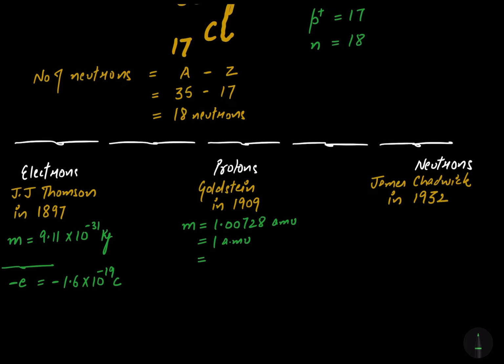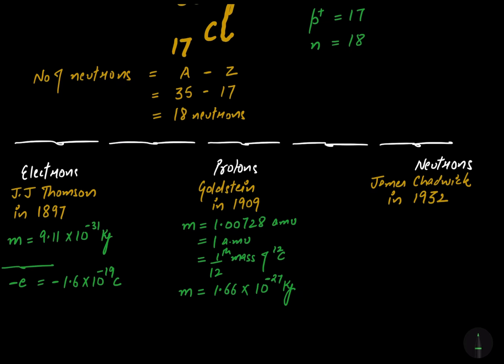The atomic mass unit is the 1/12th mass of carbon 12 isotope. So the mass of proton comes out to be 1.66 into 10 raised to the power minus 27 kilograms.